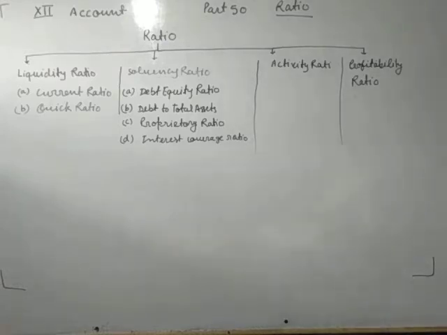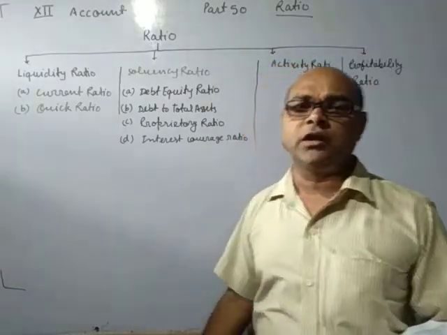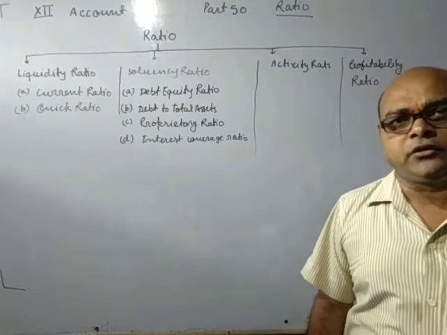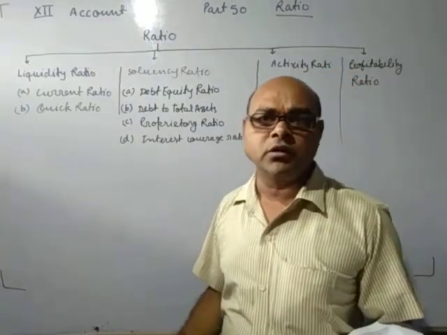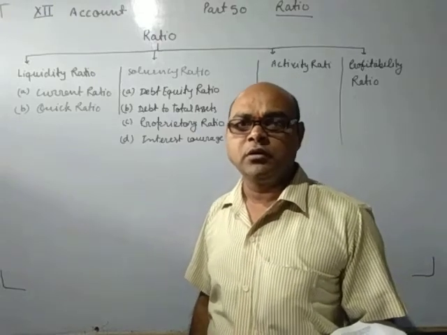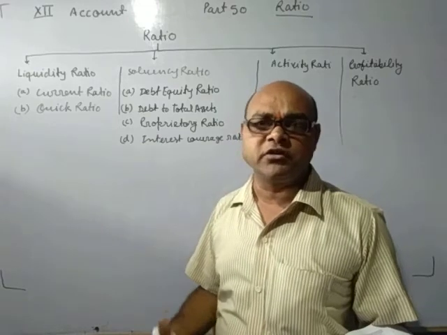Suppose you take both terms from the balance sheet and calculate the ratio, that is called a balance sheet ratio. Or if both terms are taken from the trading P&L, that is called an income statement ratio.